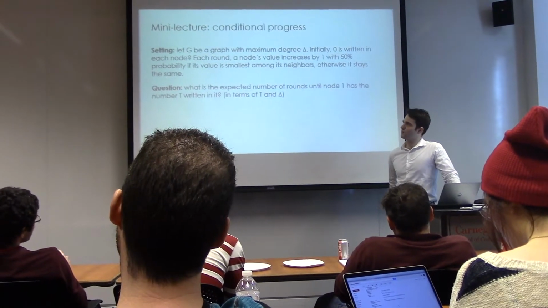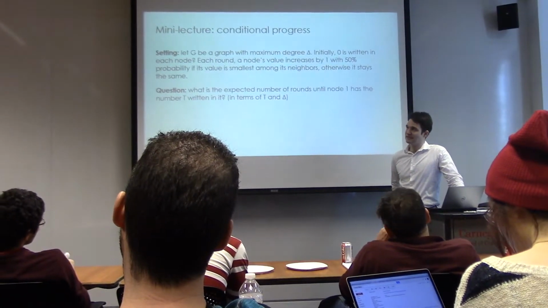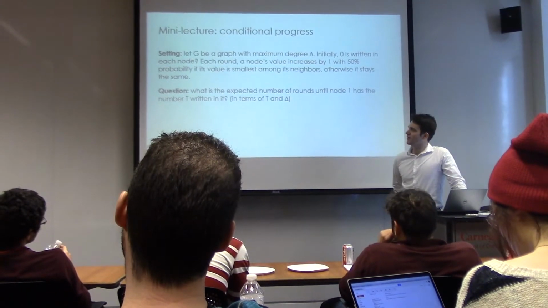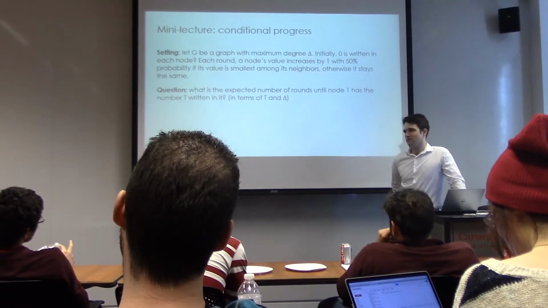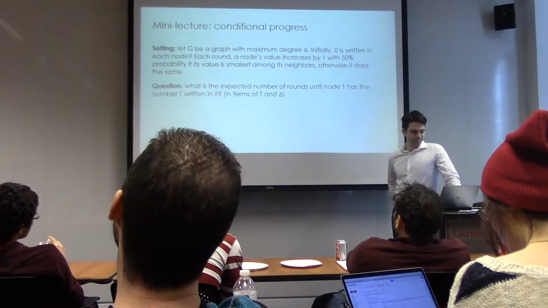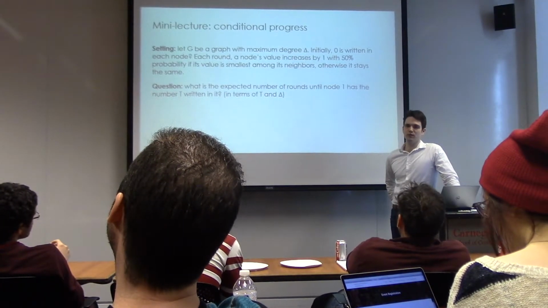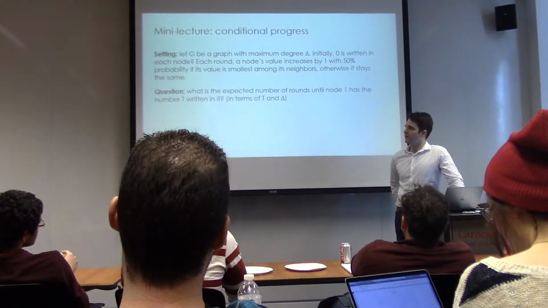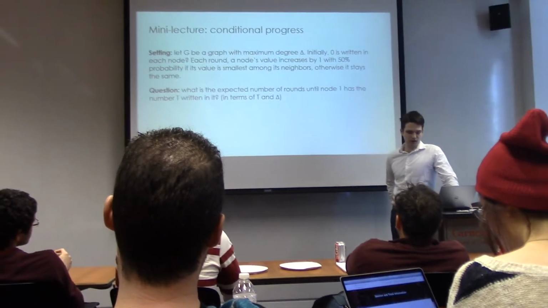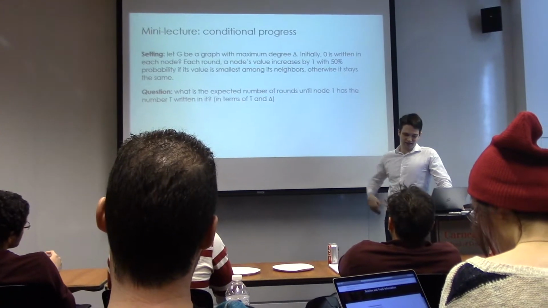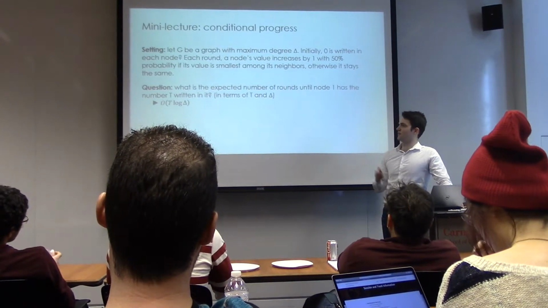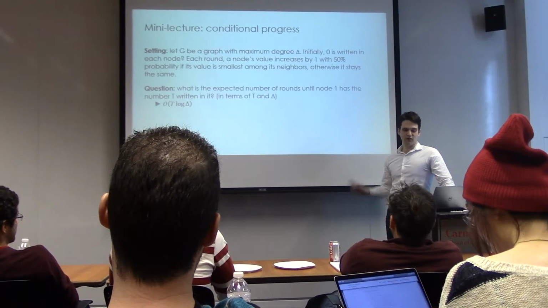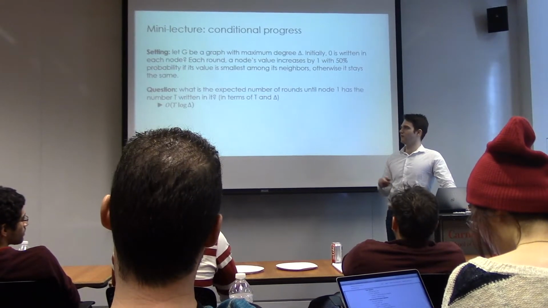How long does the middle node need to advance? Anyway, it's actually surprisingly low. When I first thought about the problem, I thought, probably t delta, but it's actually not. It's much better than this. It's t log delta, which is surprising.